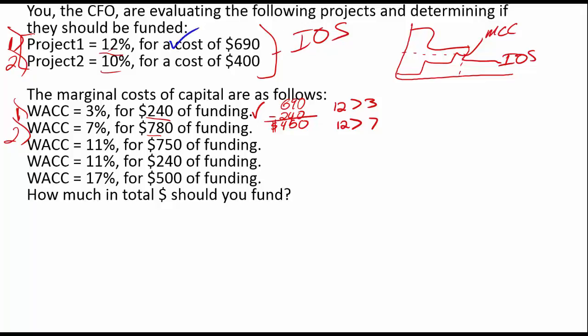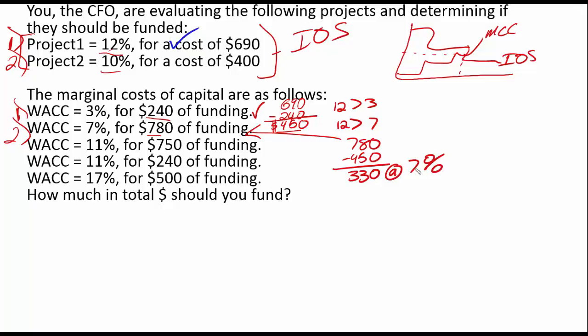Project 1 is a go project. Of the funds remaining here at the 7%, we have used all the $690. And so we had the $780, and we're going to subtract off of that the $450 that we needed to use for project 1. So that's showing us that we have $330 remaining at 7%.